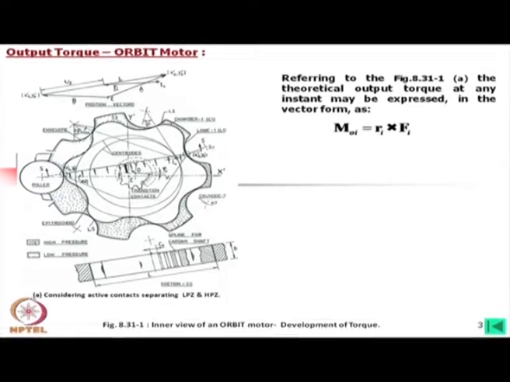Now, if we look into the figure, this is an inner view of orbit motor, where we have drawn a line through the contacts which are separating the high pressure zone from the low pressure zone, or in other words the expansion modes from the compression modes.